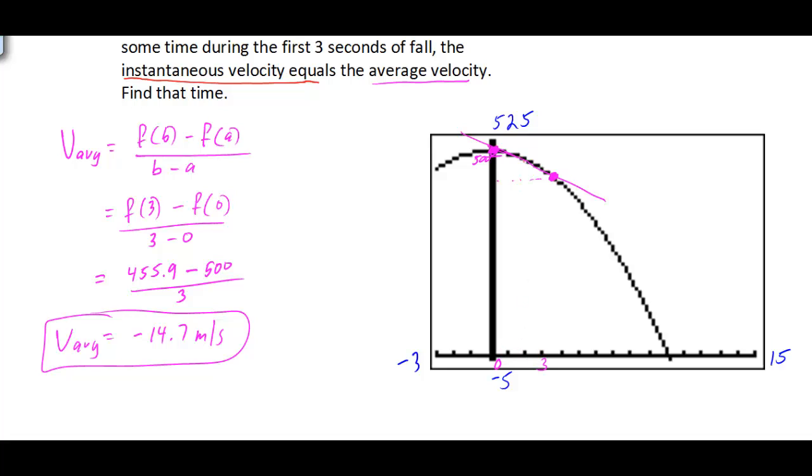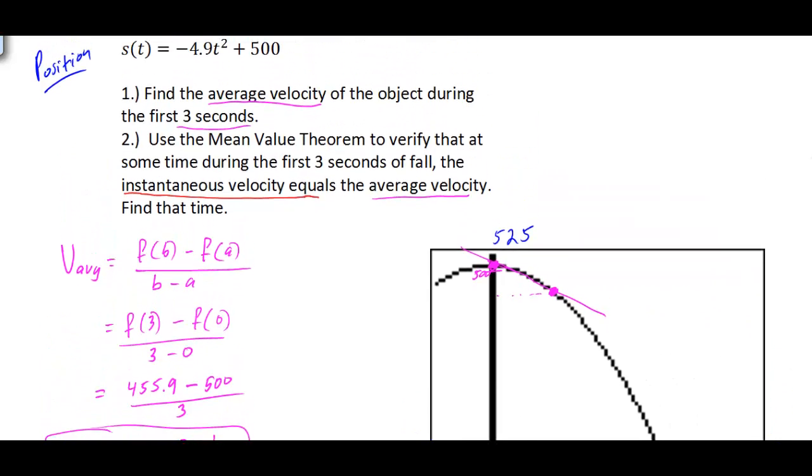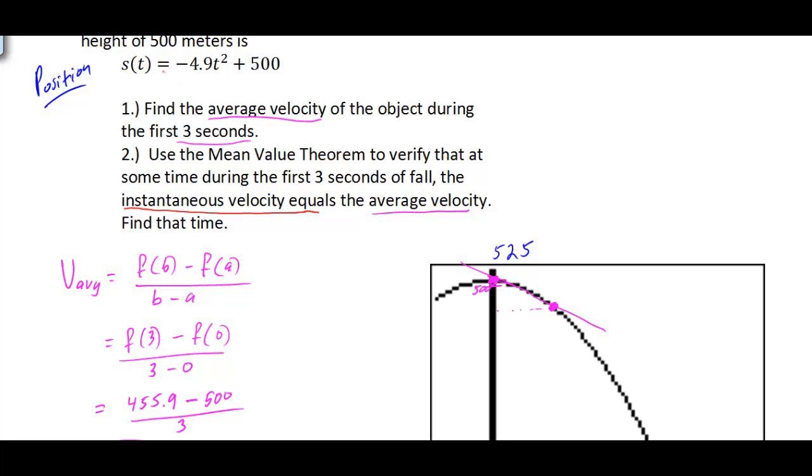What point on the graph is going to give us a line that's parallel to this secant line? Well, in order to do that, we're simply going to take the derivative, because if we're looking for the instantaneous rate of change, we know that we're going to take the derivative of this function.